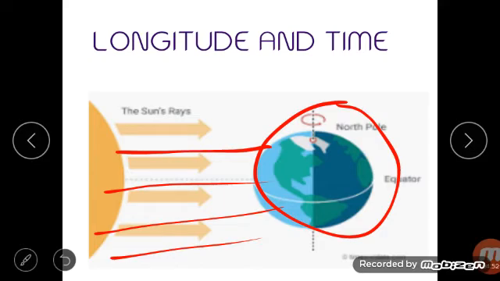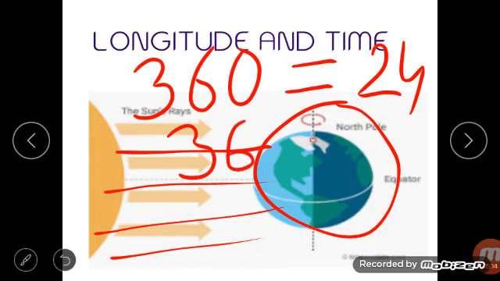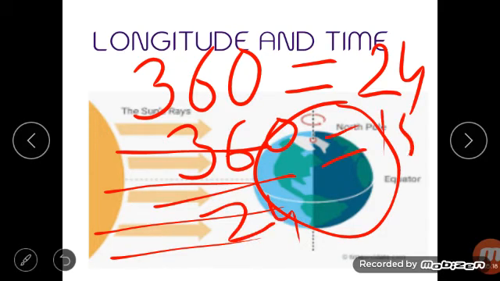At that longitude, the earth rotates through 360 degree of longitude in about 24 hours. Thus the earth rotates through 15 degree: 360 upon 24 is equal to 15.